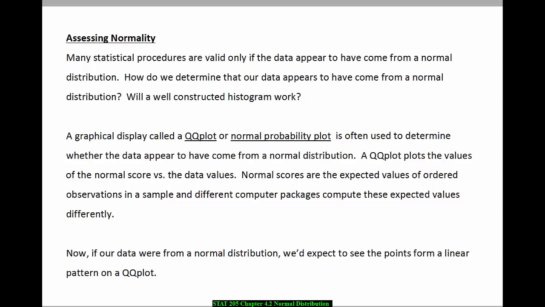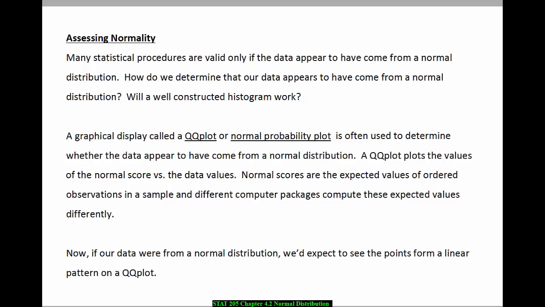So it says, okay, if this was from a normal distribution, where will we expect it to fall? It's easy to place the middle value, because we'd expect that to fall on the median. The rest of them require a little more thought, but we're going to let a computer package compute those for us. Now, if our observations are from a normal distribution, we would expect to see the points form a linear pattern on the QQ plot.